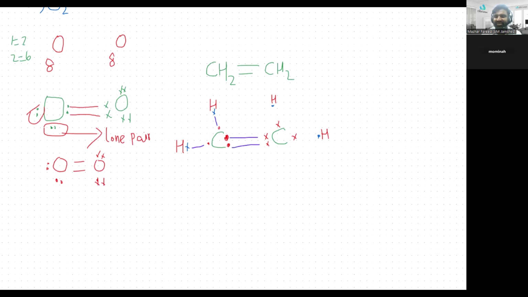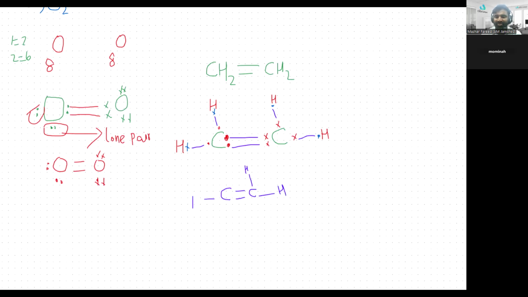And this mutual sharing with this, and this mutual sharing with this. So two covalent bonds are formed in the ethene. In ethene, there is one double covalent bond.